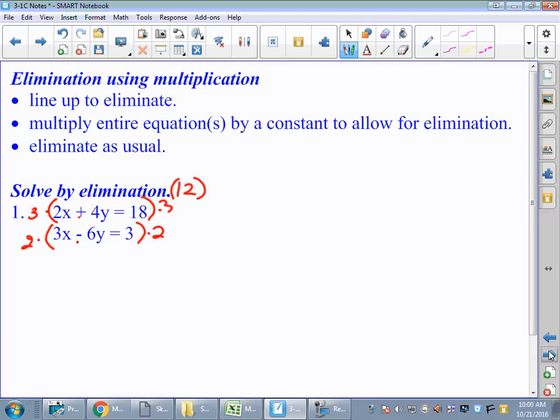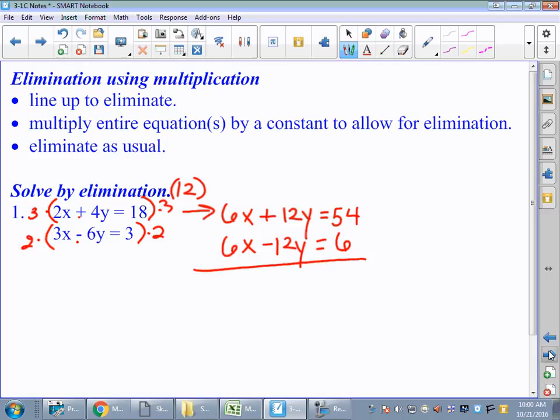And so what that becomes is everything in the equation on the top is going to be 3 times larger. 6x plus 12y equals 54. And on the bottom, everything's going to be twice as big. 6x minus 12y equals 6.